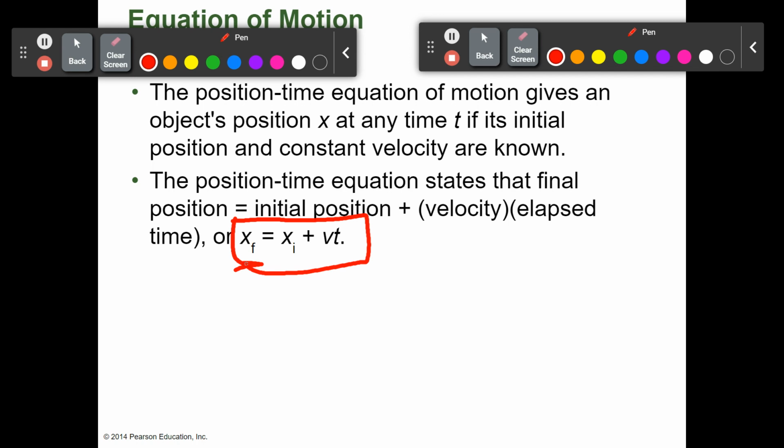If I run at 5.5 miles an hour for 1 hour, how far am I going to go? 5.5 miles. I'm at starting point 0, and I should end up 5.5 miles down the road, assuming my velocity is the same and I travel for an hour. That's how we got to that equation.